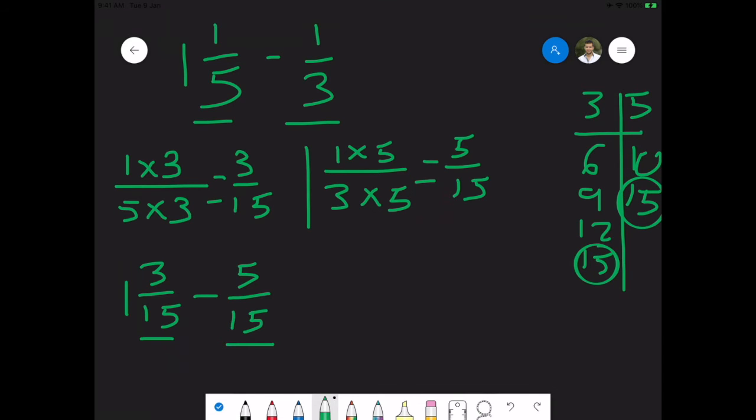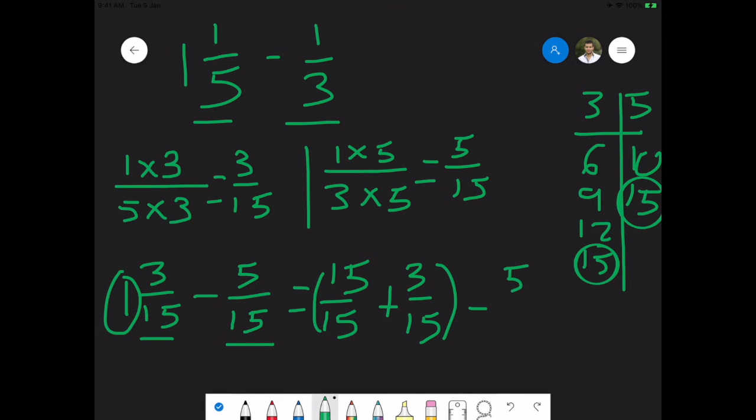So a way to think about this is to see that the 1 here is 15 out of 15. It's a whole. So I'm going to take this 15 out of 15 and give it to 3 out of 15 to make it bigger. So we will be able to subtract this 5 out of 15 from there.